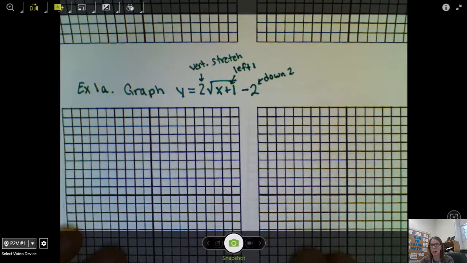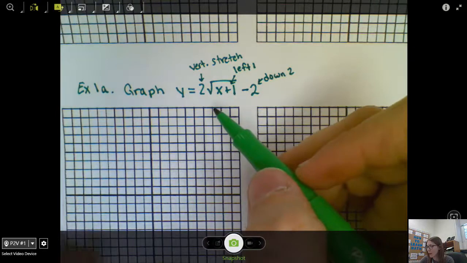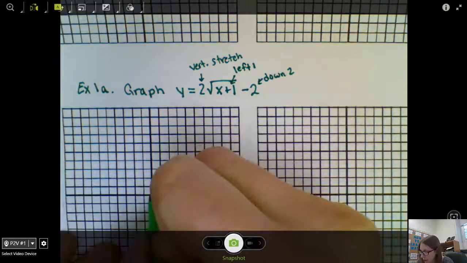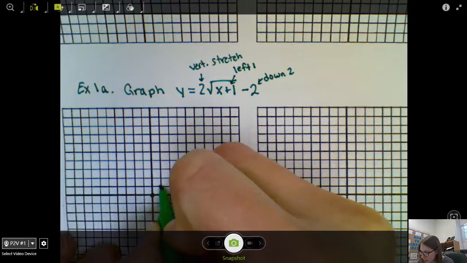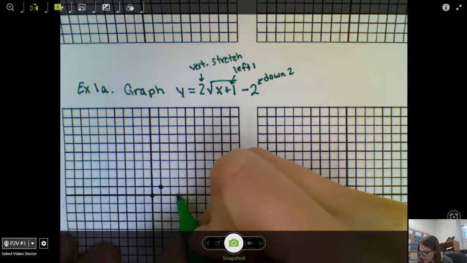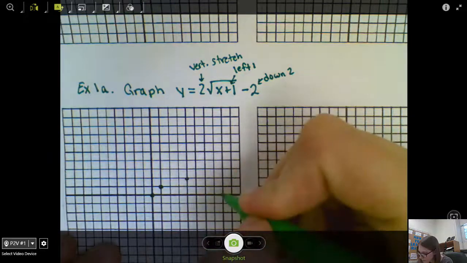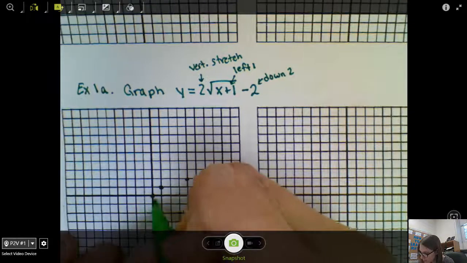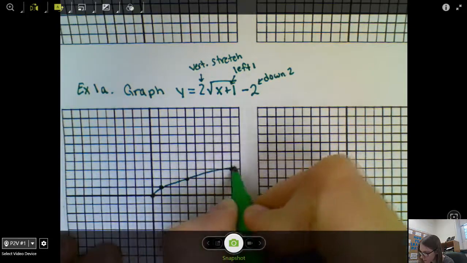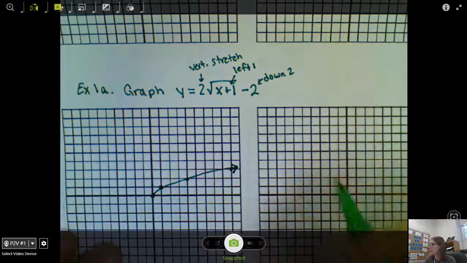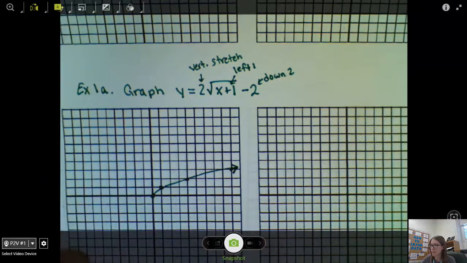Now let's think through our parent function as we figure out what the new one's going to look like. So I'm going to draw my parent function in here first. My parent function is drawn in the green. Now with the red, I'll do these transformations.